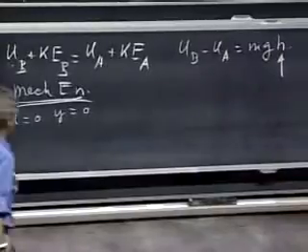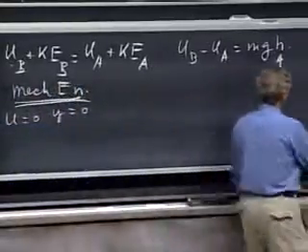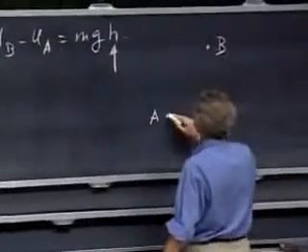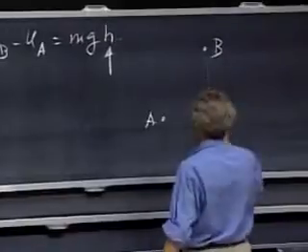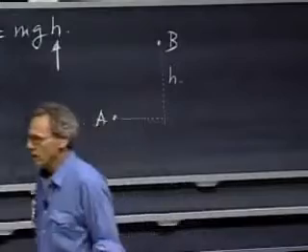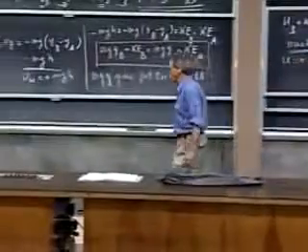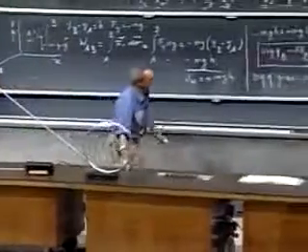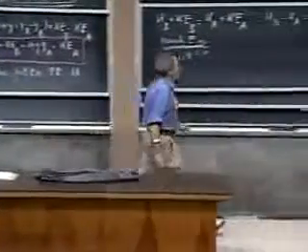It's easy to see. Suppose I have here point A and I have here point B. And suppose this separation was h. Well, if you prefer to call zero potential energy at A, I have no problems with that. So we can call this U equals 0 here.